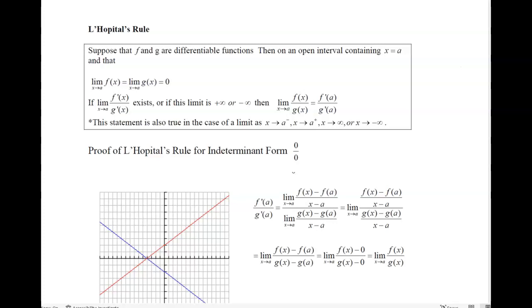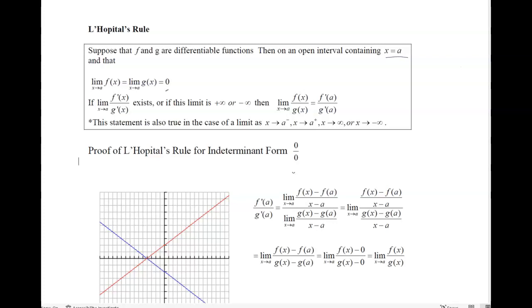Well, if we have two differentiable functions, function f and function g, on an open interval containing some value of x equal to a, some number, then the limit of each of these functions as x goes to a, they're both equal to 0.